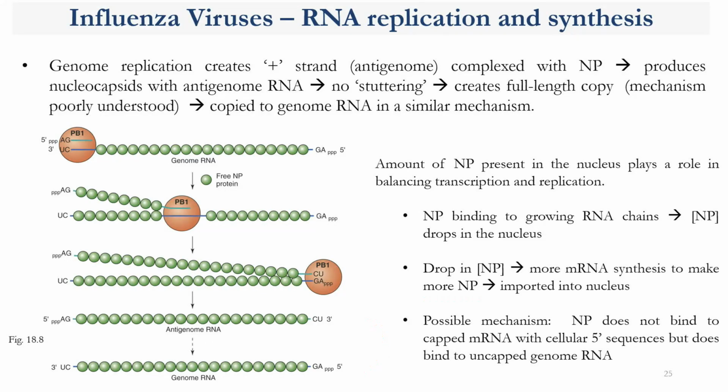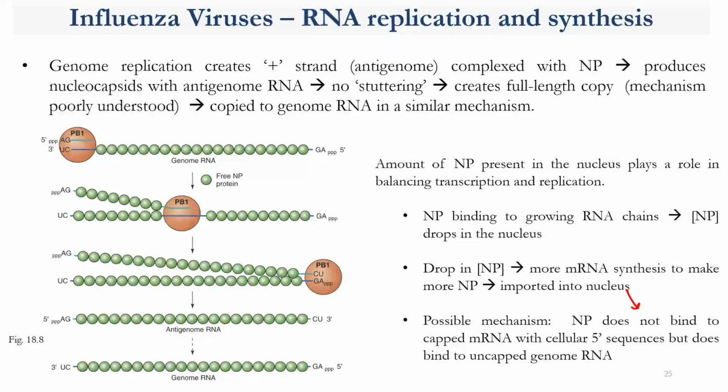So the possible mechanism is that NP does not bind to capped mRNA with cellular 5' sequences, but does bind to uncapped genomic RNA, okay? That makes sense, because otherwise, remember, nucleus is making lots and lots of mRNA, its own mRNA.